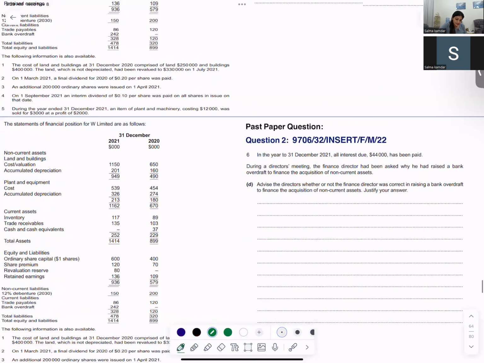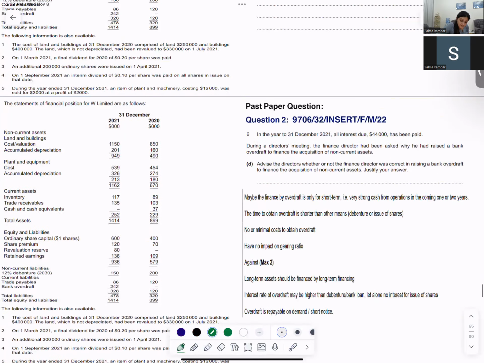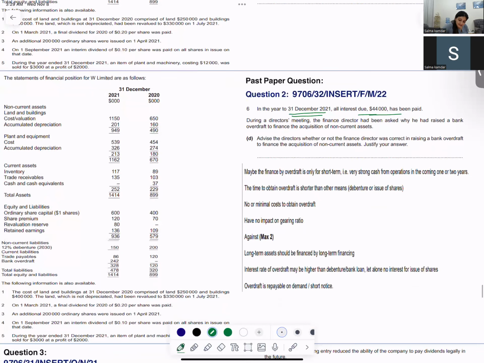Let's go to the next question. In the year 31st December 2021, all the interest due, 44,000, has been paid. During a directors meeting, the finance director had been asked why he has raised the bank overdraft to finance the acquisition of non-current assets.